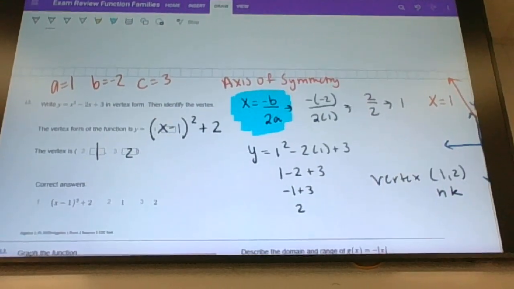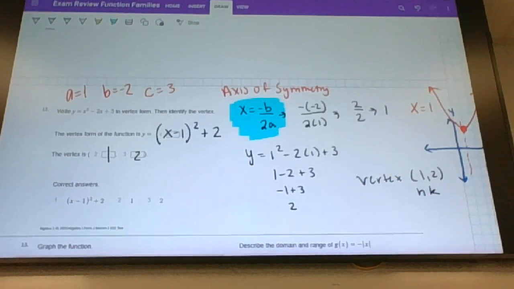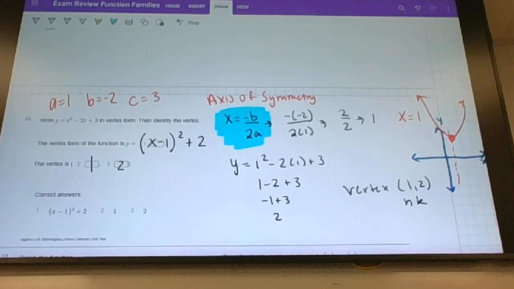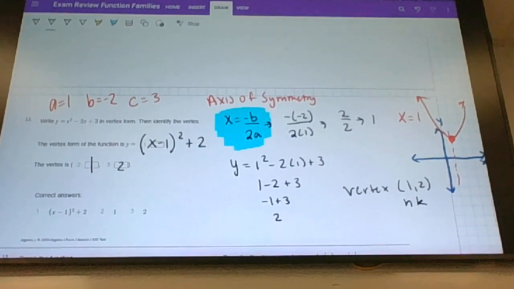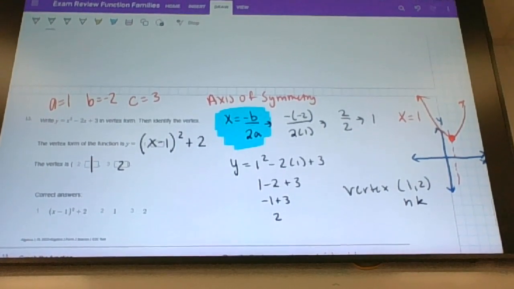All right. Number 12 says put it in vertex form. Well, what's vertex form? This is the reference sheet. I don't know if you remember this, but that middle form in there is vertex form. You get this, but it doesn't say vertex form on it.